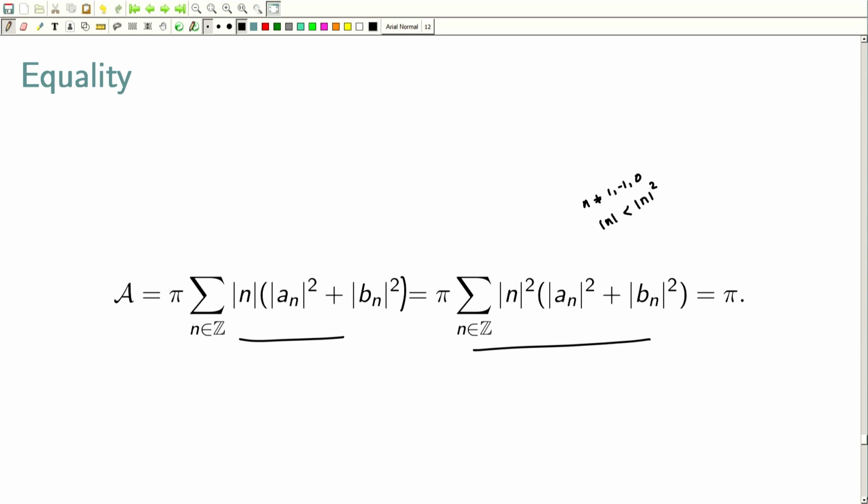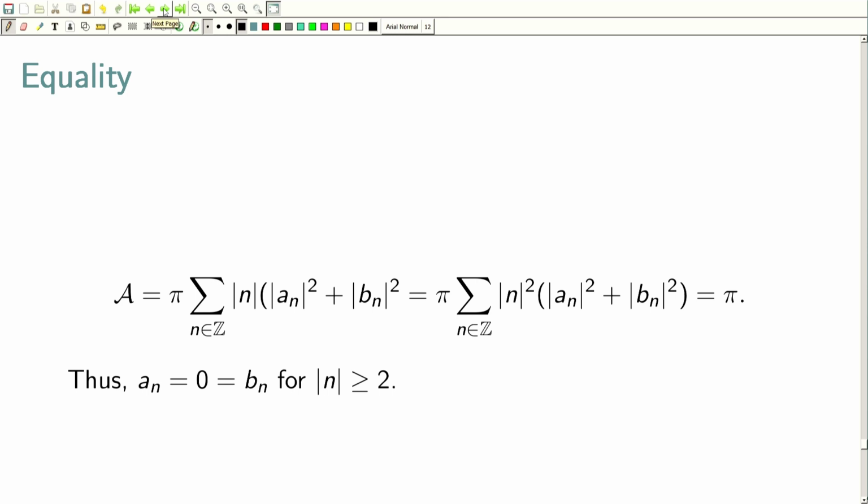But we are saying that this equality happens, therefore a n and b n are 0 if mod n is greater than 1, that means if mod n is greater than or equal to 2. Only possibility is n equal to 0, where this vanishes, or n equal to 1 and minus 1.